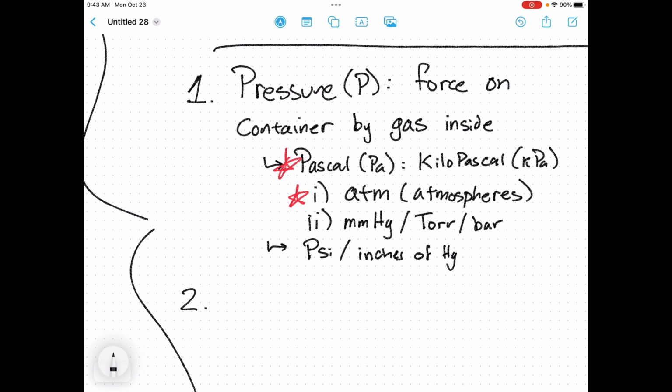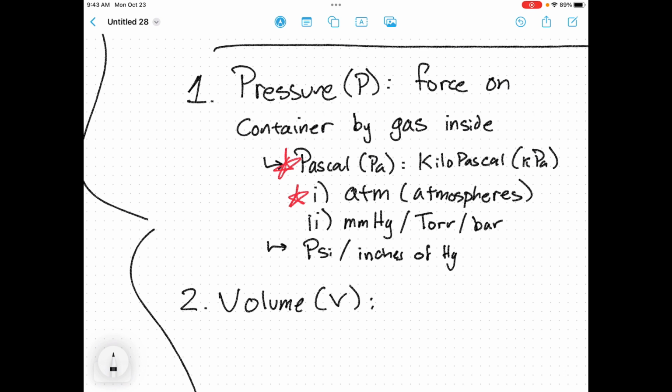So next, we'll do volume. Volume, kind of the same process. We'll use the first letter as our variable, so for volume, we'll call it V. Volume is how much you can fit in a three-dimensional space.